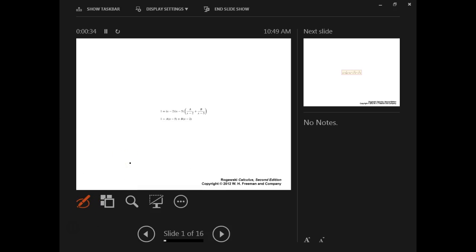Remember, sometime in your past, say in pre-calculus or algebra or somewhere, you studied functions of this nature. What do we call those?